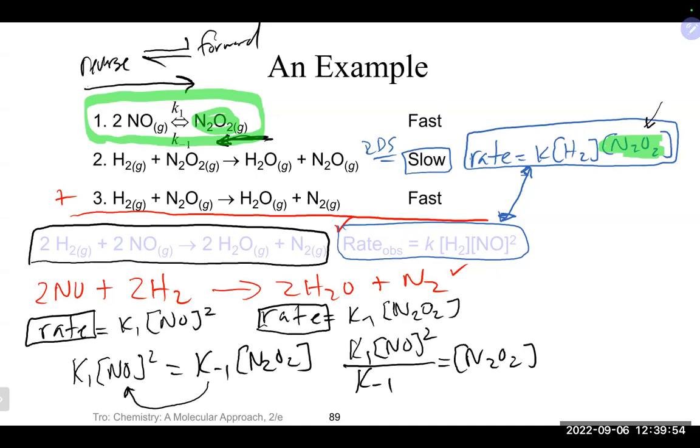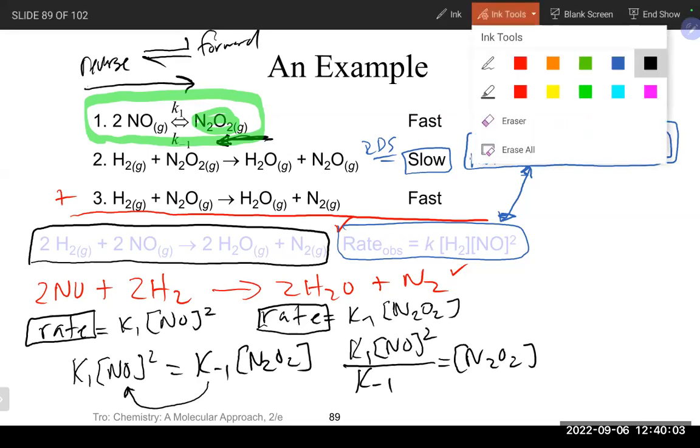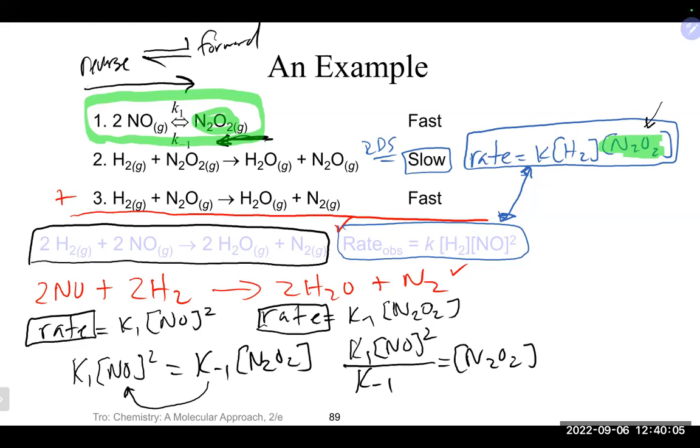Now, do I have something that I could substitute in there for N2O2? I do. So at this point, what I could do is take what I just solved for, this entire thing, and put it into here.